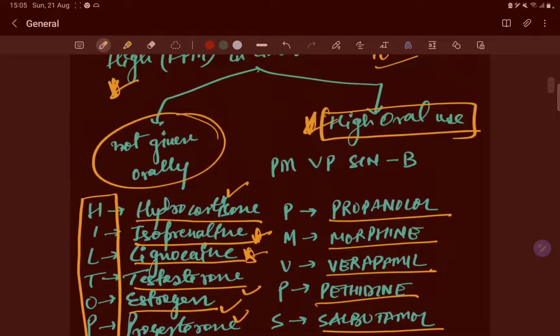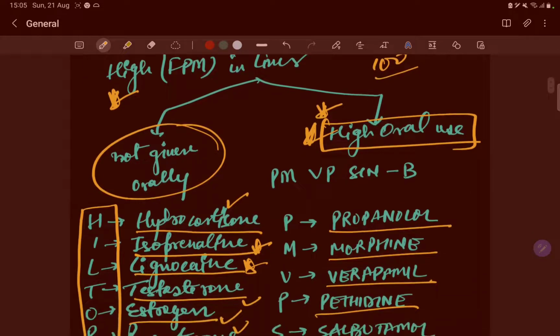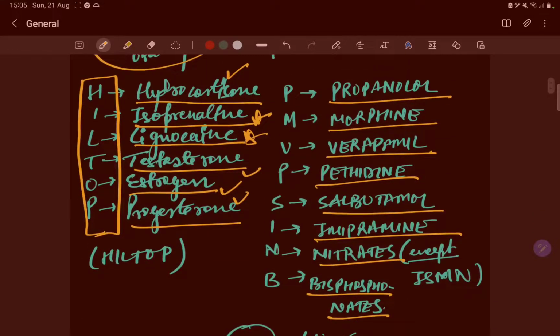Now these are the drugs which are not given orally because of high first pass metabolism. But what happens, these drugs are given via different routes apart from oral, because they will be highly metabolized; first pass metabolism will be high.